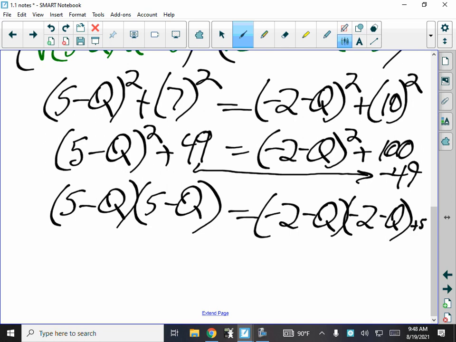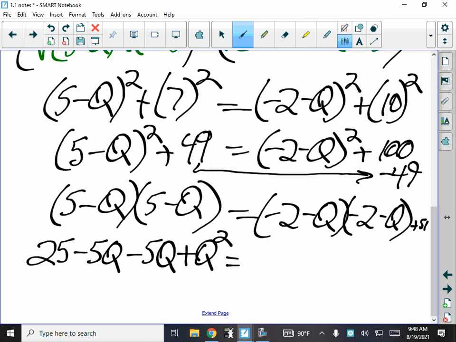Handwriting's looking sweet. All right, here we go. First, outer, inner, last. 25 minus 5q minus 5q plus q squared. And then this one would be 4 plus 2q plus 2q plus q squared plus 51.